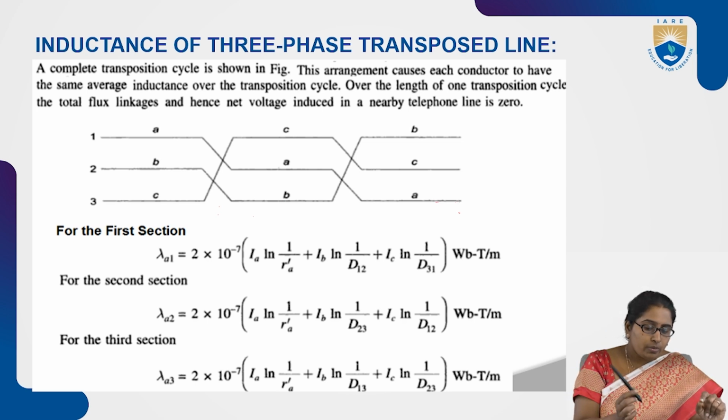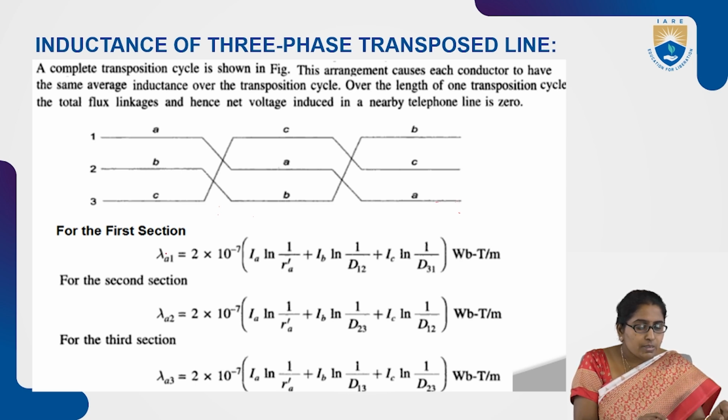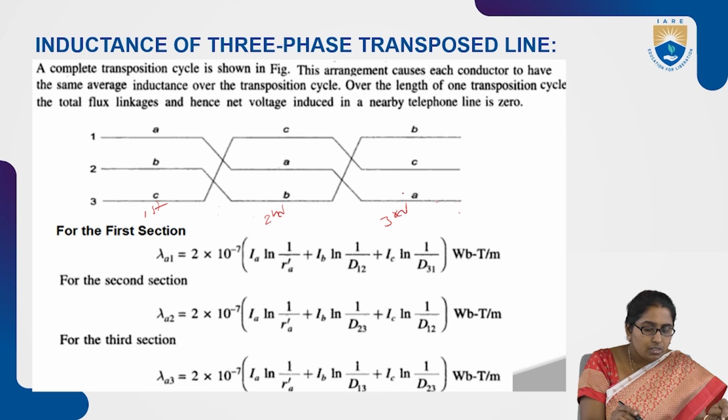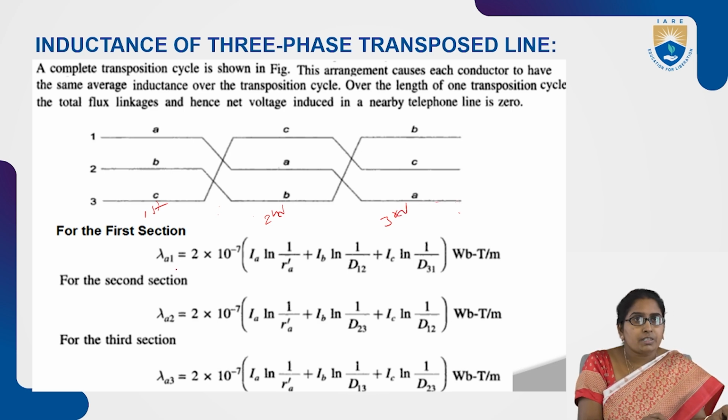Now let us look at the expressions for flux linkages. This is the first section, then the second section, third section. For the first section, the flux linkages of conductor A is given by 2 into 10 power minus 7 Ia into log of 1 by its own radius Ra dash, plus Ib into log of 1 by D12, the distance between the first two conductors.